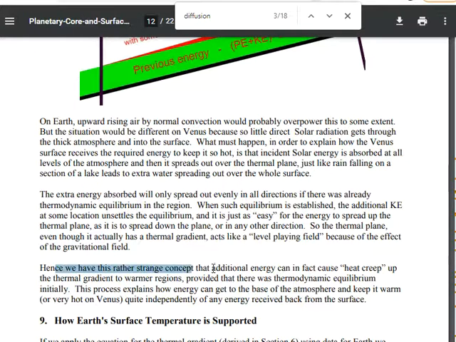Hence we have this rather strange concept that additional energy can in fact cause heat to creep up the thermal gradient to warmer regions, providing that there was thermodynamic equilibrium initially. This process explains how energy can get to the base of the atmosphere and keep it very hot on Venus, quite independently of any energy received back at the surface.